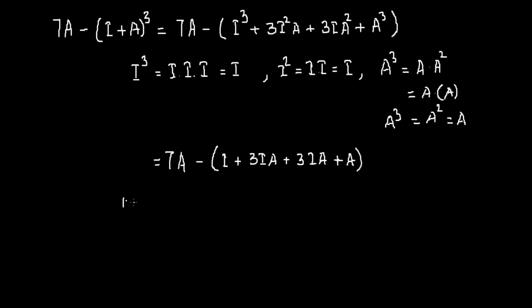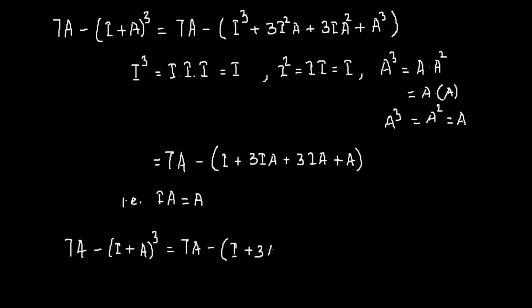That is, I times A will give us A. So we can write 7A minus of I plus A whole cube is simply equal to 7A minus of I plus 3A plus 3A plus A.